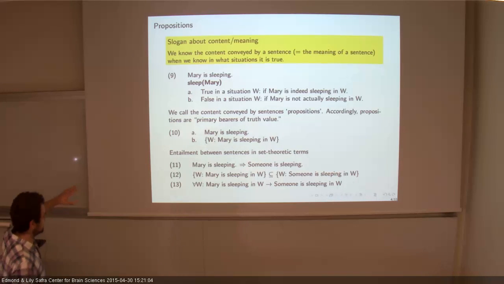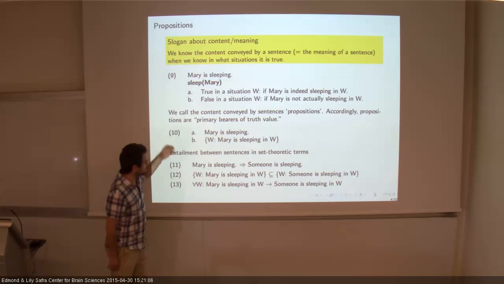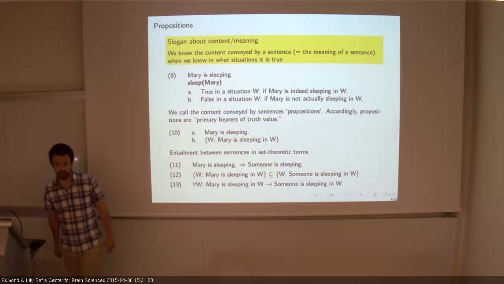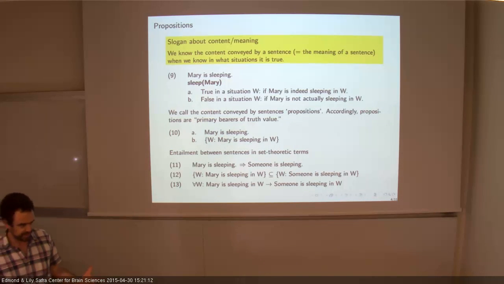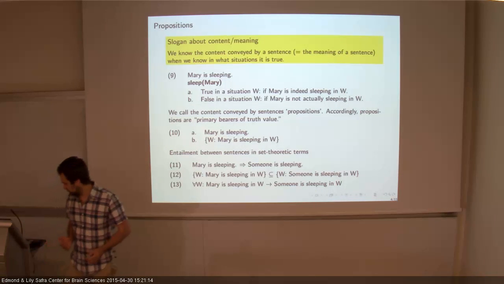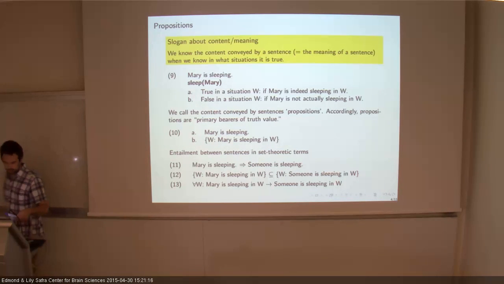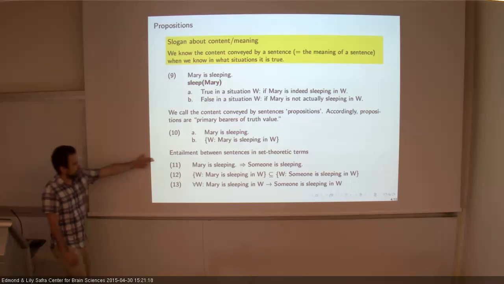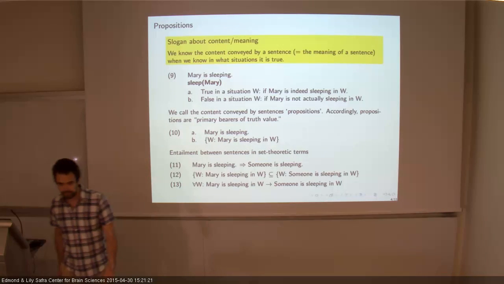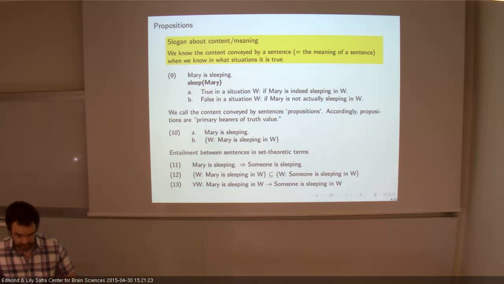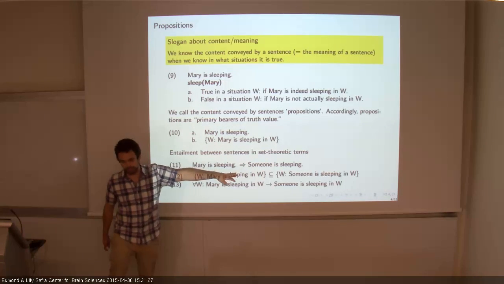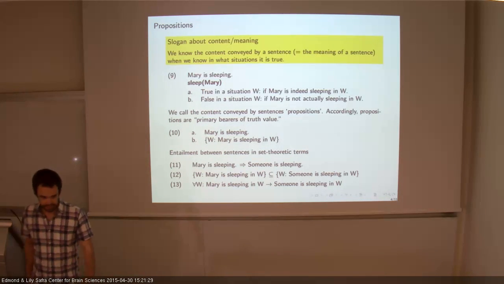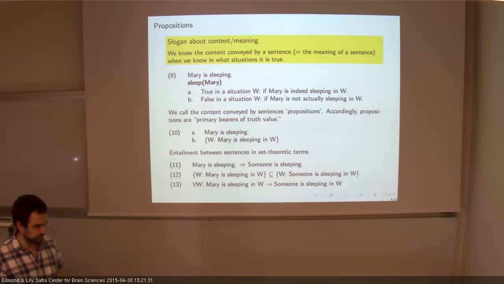With this kind of representation, we can now have a nice representation of, for example, entailments. Does everyone know what entailment is between sentences? So when we talk about entailments between sentences, an intuitive illustration is given in 11, Mary is sleeping. It's simply a logical relation between sentences.